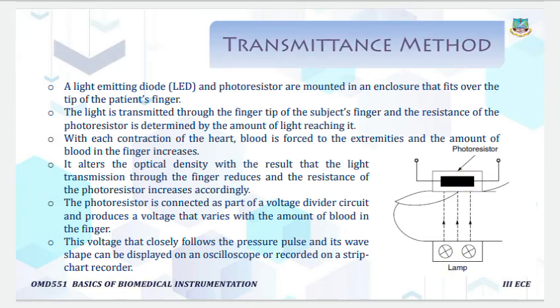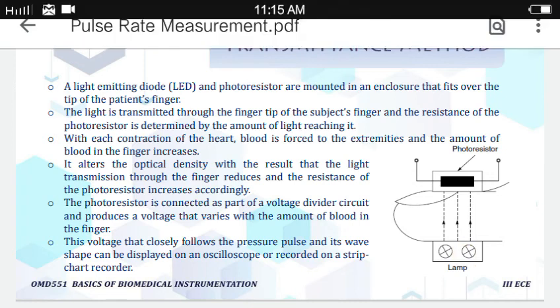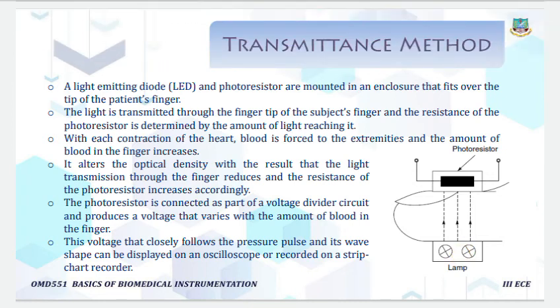After placing this, the light is transmitted from this lamp through the fingertip. So this is the photoresistor and this is the lamp. The light is emitted from the lamp, and this light is transmitted through our fingertips.